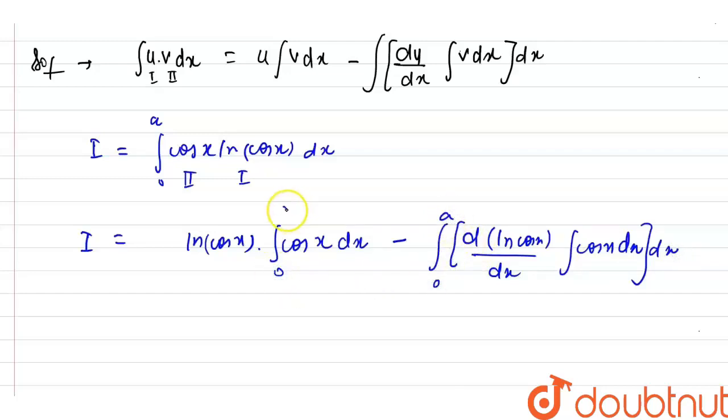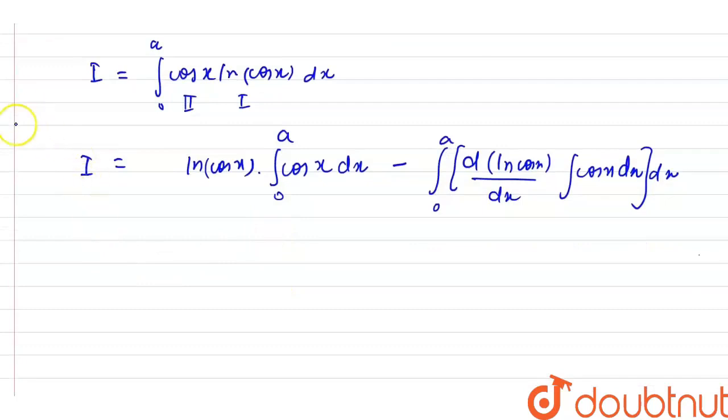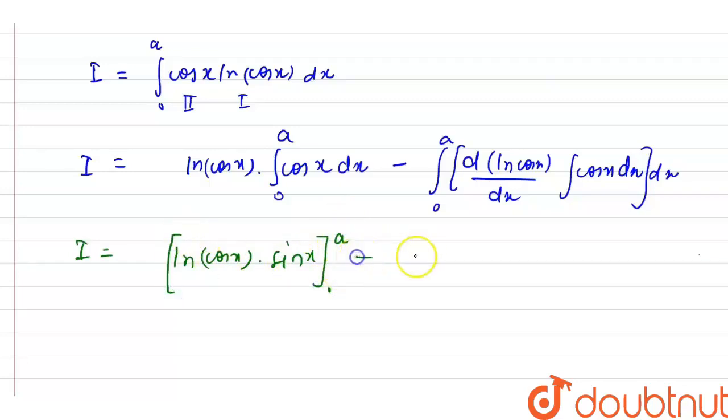The differentiation of ln cos x will be 1 upon cos x times minus sin x, and the integration of cos x is sin x.